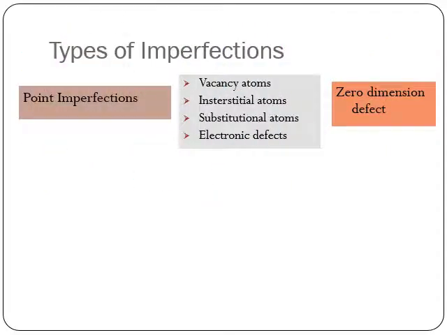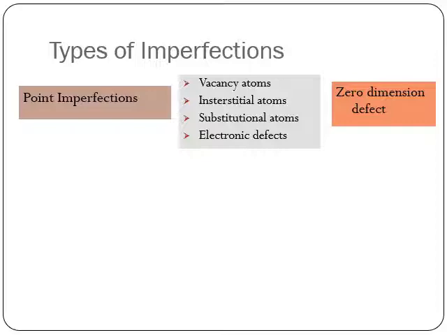Now, in that category we have interstitial, substitutional and electronic defects. Interstitial, as already said: if the atomic radius is smaller than the parent atom's, it can occupy the interstitial position. If the atomic radius is equal to the parent atom's, then it is called a substitutional atom.